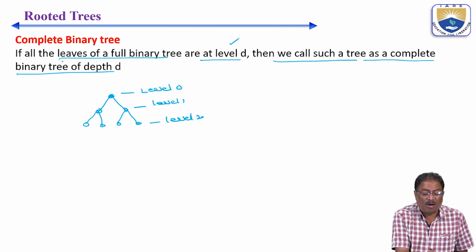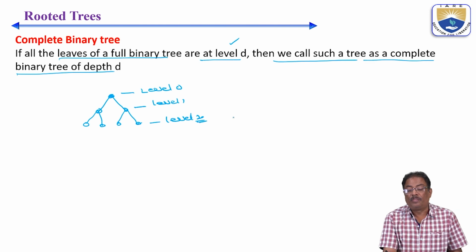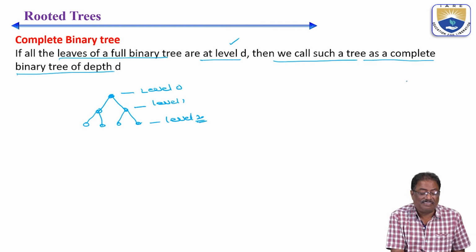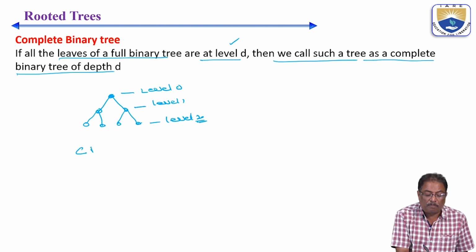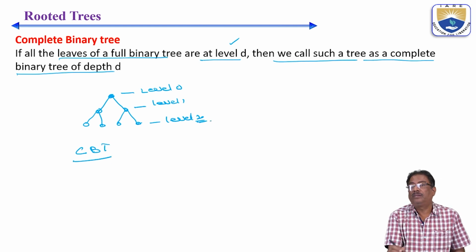All leaves are at level 2, so we call such a tree a complete binary tree of depth 2.